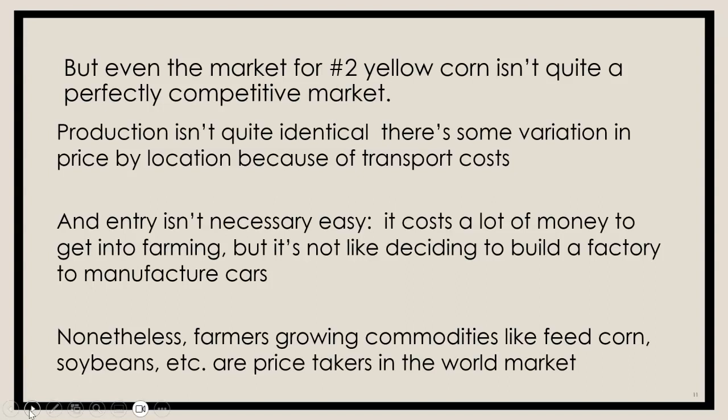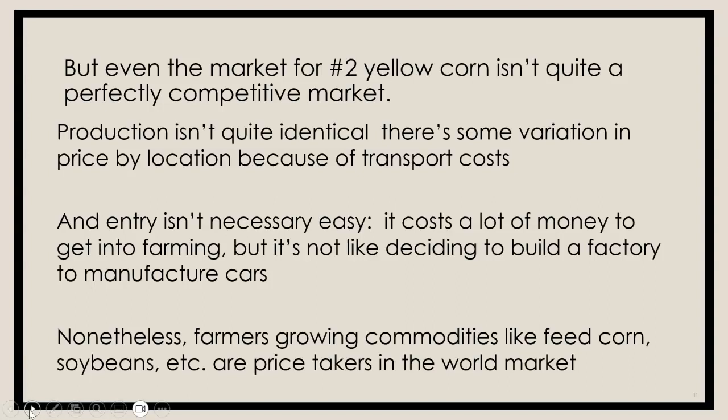But there's also a price quoted for Rotterdam in Holland, which is another big port for the European market. And there'll be a price in Japan and the like. So there's some variation that way. If you're trying to sell your corn in the US, the price is going to be a little bit different from the price you would get in Rotterdam, solely because of where you're located. So they're not quite identical.